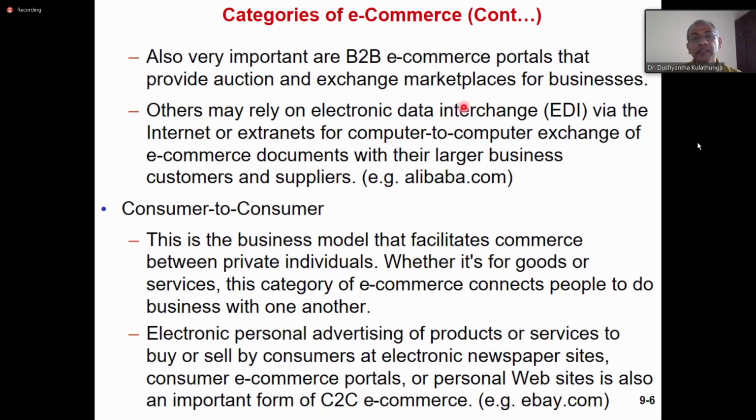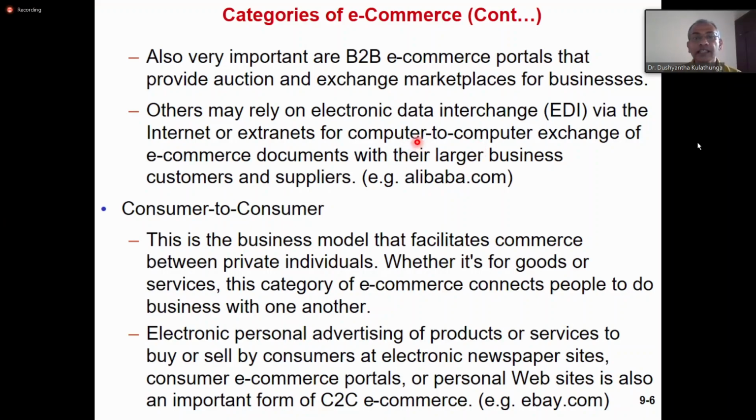So please remember that this technology is not related to the internet. It was used some decades back, but today organizations use electronic data interchange with the internet as the infrastructure.